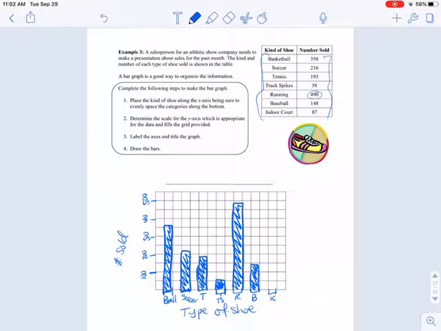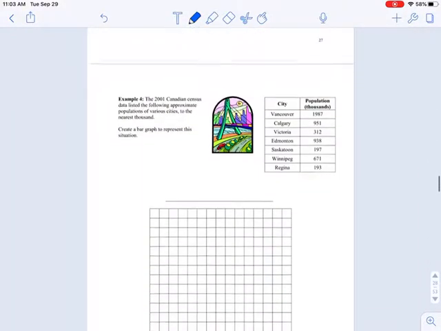And indoor court's 87, so just kind of under 100 there. And we do need a title, so we're going to do amounts of shoes sold. Okay. So we have a title, we have the axis labels, and we have the data. So we're all done. Last one.